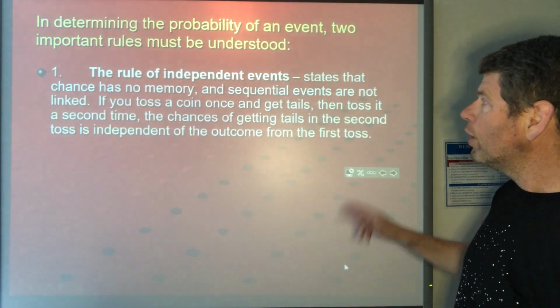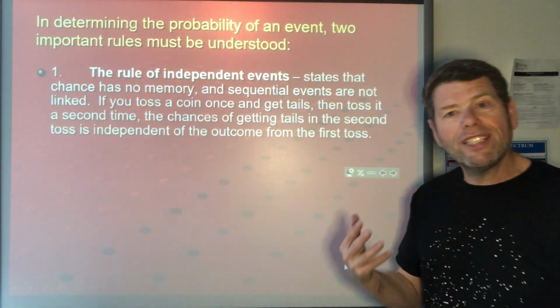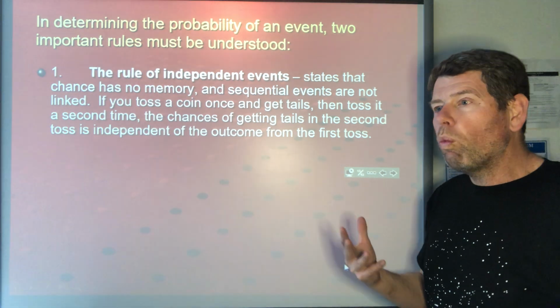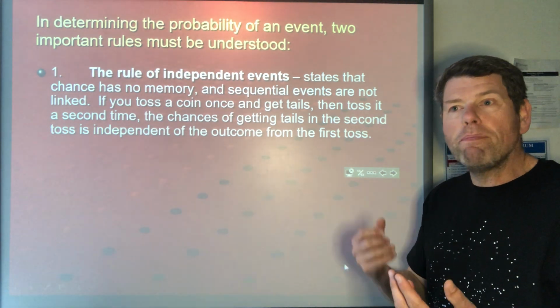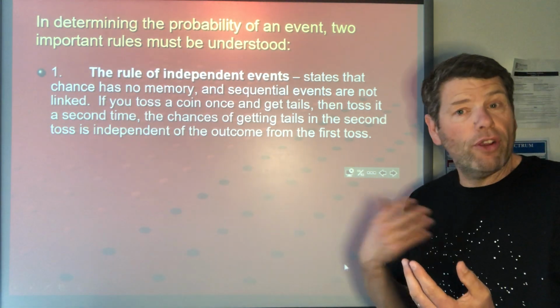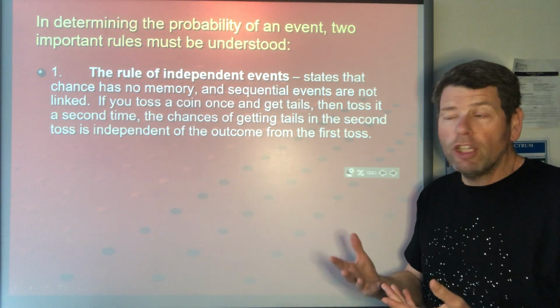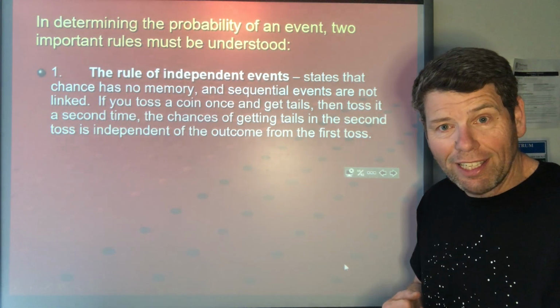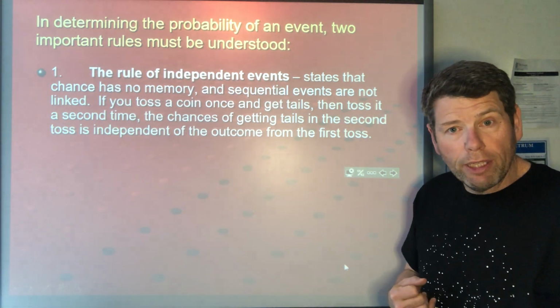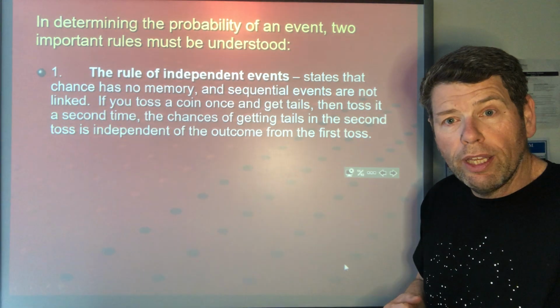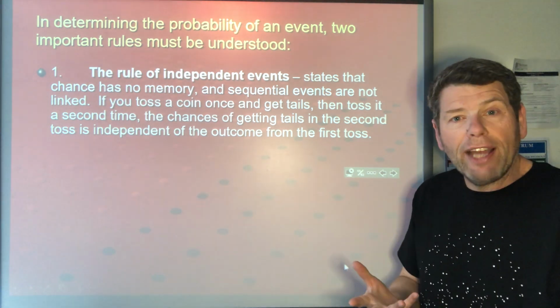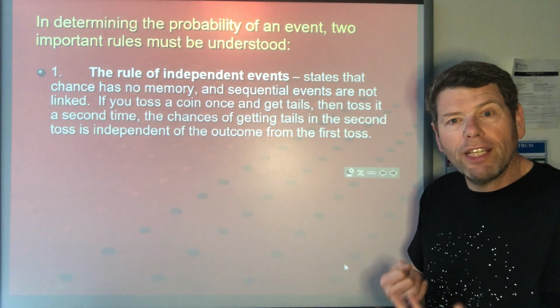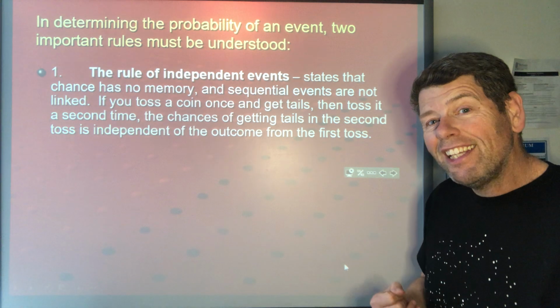Number 1, the rule of independent events, which simply says that one event doesn't have any bearing on another event. So for example, going back to flipping a coin, if I said, what's the probability of flipping heads with one flip, that's 1 in 2. And then if I do that and I get heads, and then I say, what's the probability of me flipping heads again?